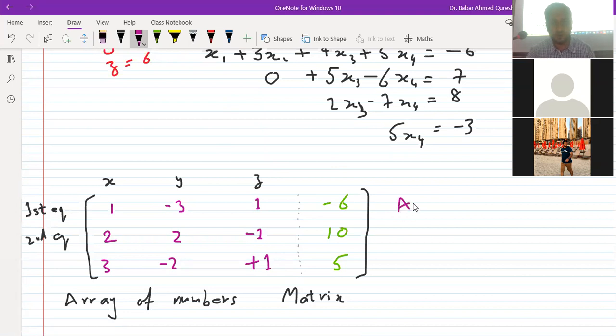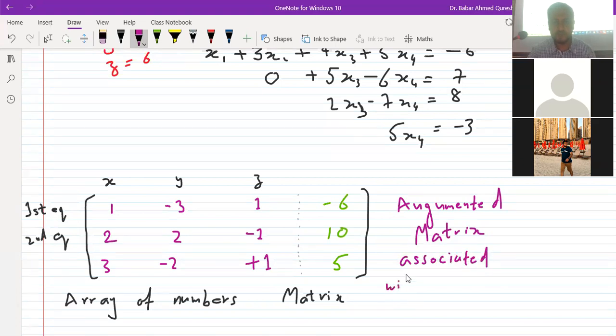This is called the Augmented Matrix. Let me for now write the full name. Associated, later on I'll not say the mouthful, associated with system of equations.